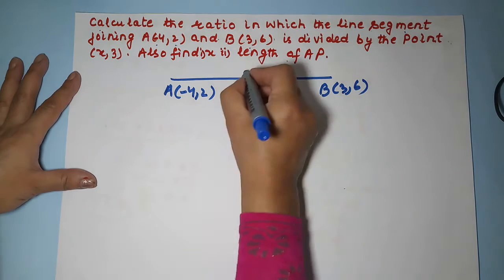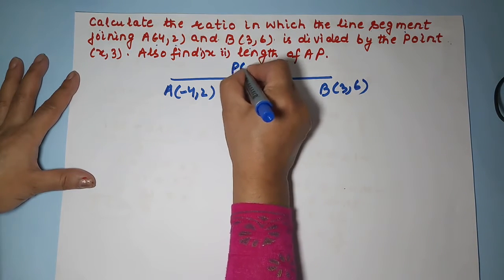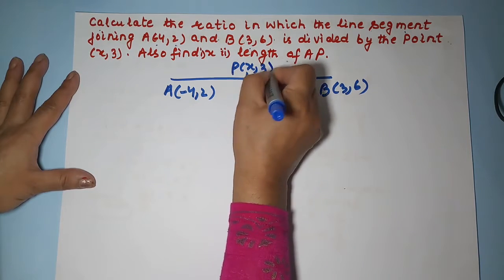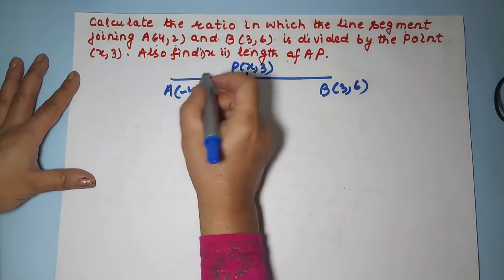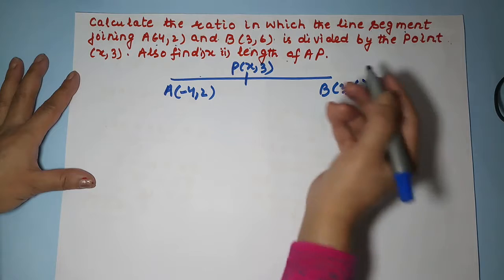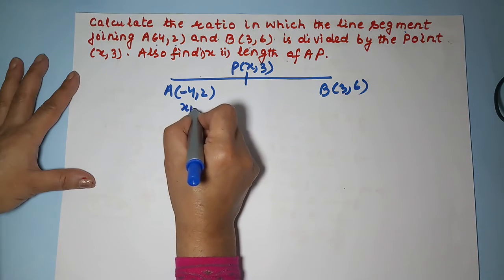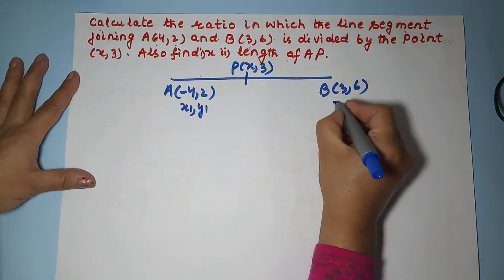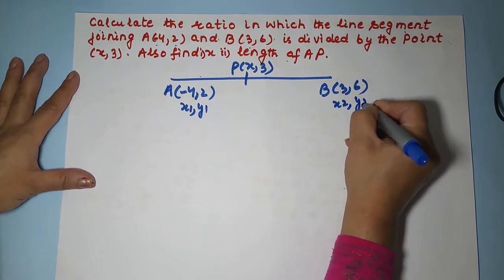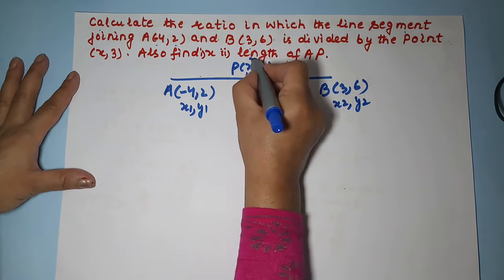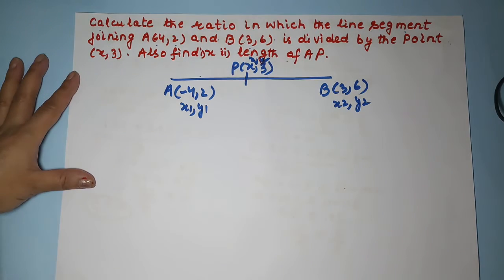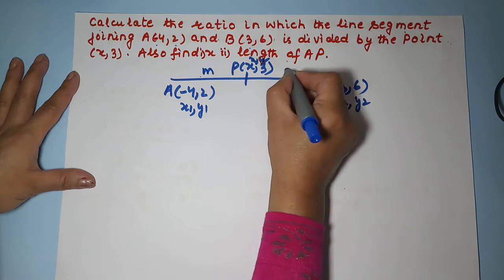It is divided by the point P, whose coordinates are x and 3. We have to find the ratio. We name this as x1, this is y1, this is x2, this is y2, and this is x and this is y. Now we have to find the ratio, m:n.